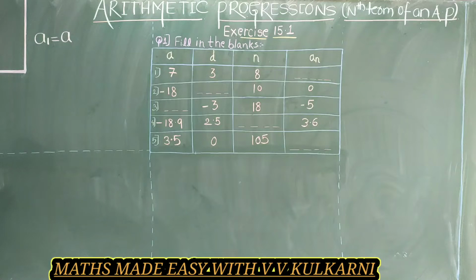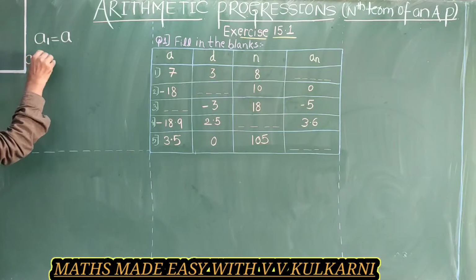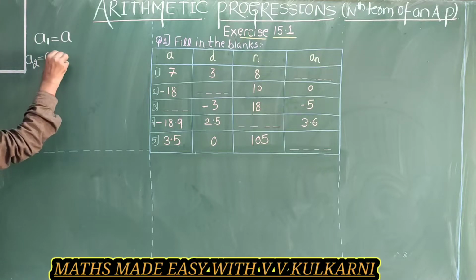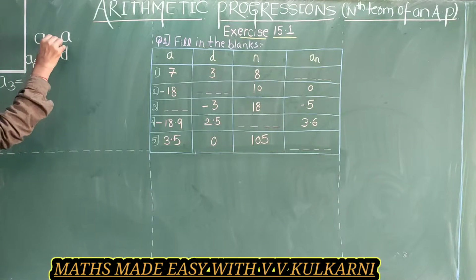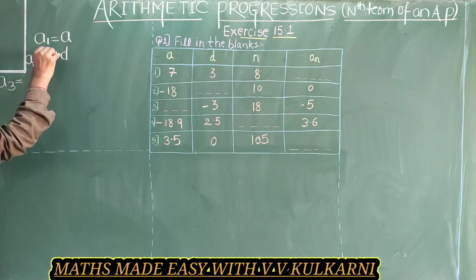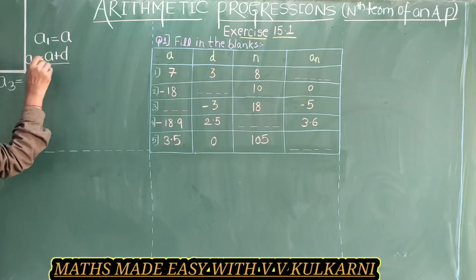A1 is equal to A, you write. Then A2 is equal to A plus D. If I ask you what is the third term, you will say, sir, second term is first term plus common difference. Third term is second term plus common difference.